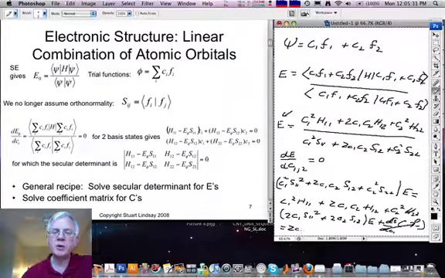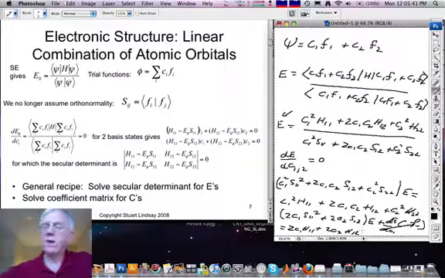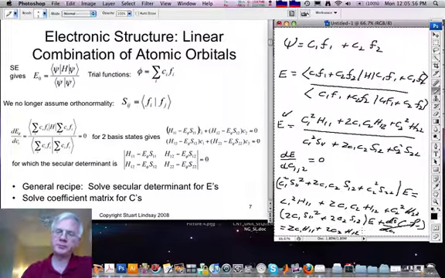So 2C1 H11 plus 2C2 H12. So now we have a linear algebraic expression in E, C1, C2, and these matrix elements that we have defined, S11, S12, H11, and H12.